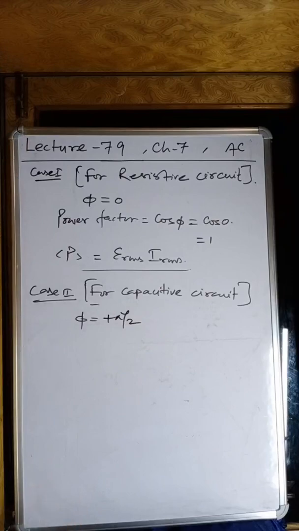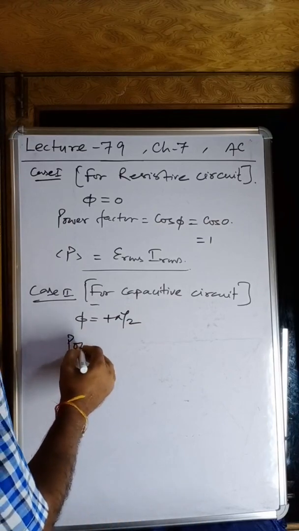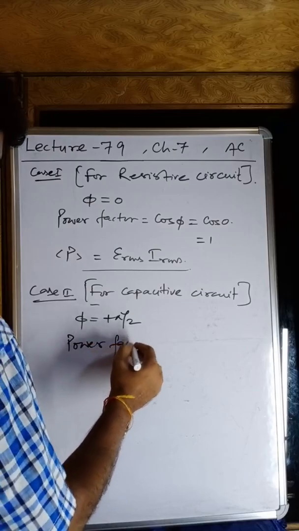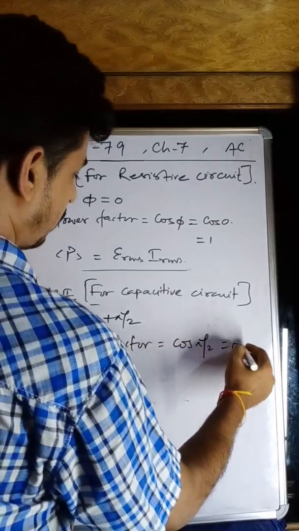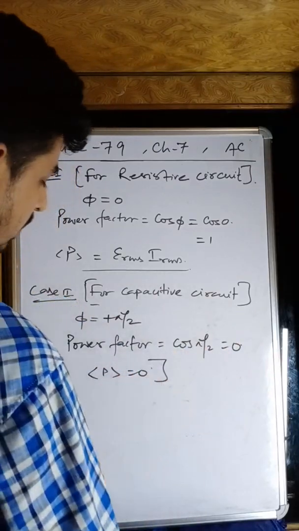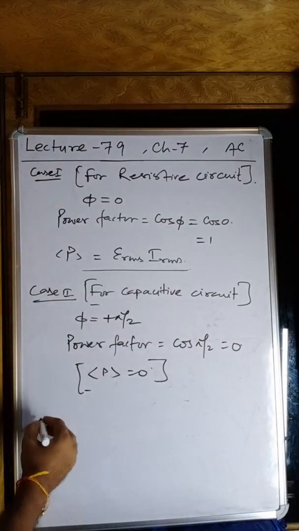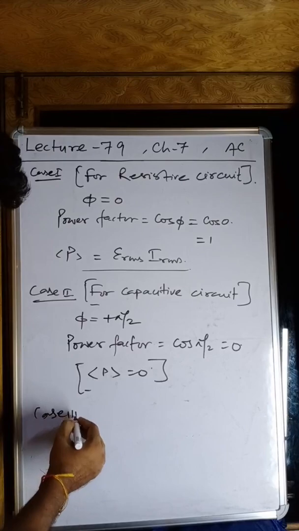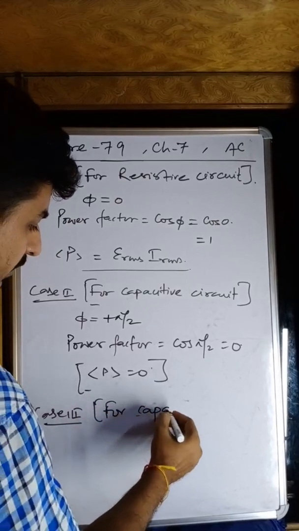But whatever the value of phi, pi by 2 plus or minus, the cos phi will not change. Here the power factor we can write as cos pi by 2, which is 0, which gives the average power as 0.